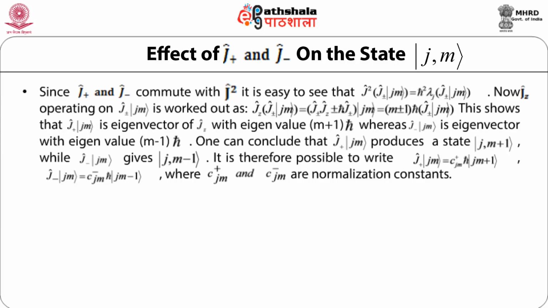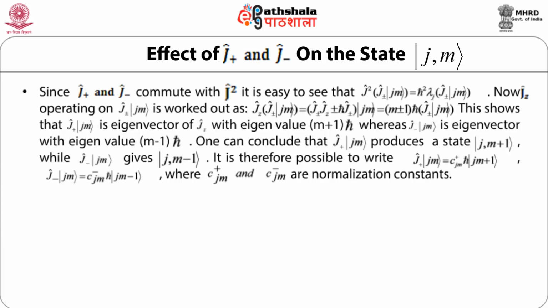From these two relations for J_+ and J_- and the operator J_z acting on them for the state |j m>, one can see that J_+ acting on the state |j m> is an eigenvector of the operator J_z with eigenvalue (m plus 1) times ħ, whereas J_- acting on the state |j m> is the eigenvector with eigenvalue (m minus 1) times ħ for J_z.